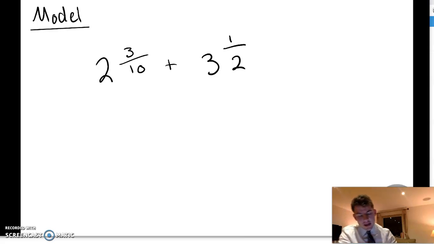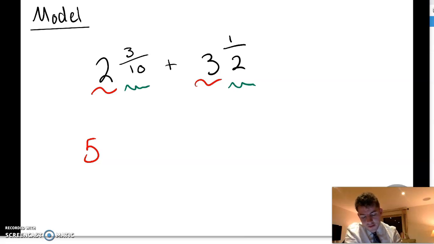Last one, let's have a look at this. Model, when we add up mixed numbers, what can we do first? Well, we all know 2 plus 3 is 5. And now we're left with plus 3/10 plus a half.